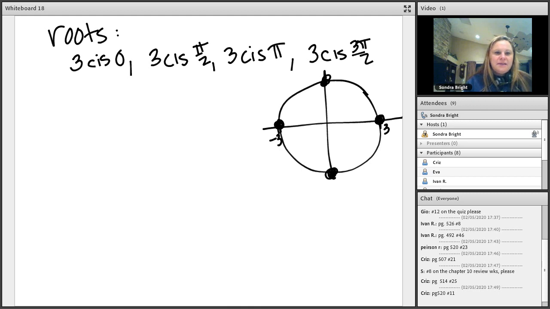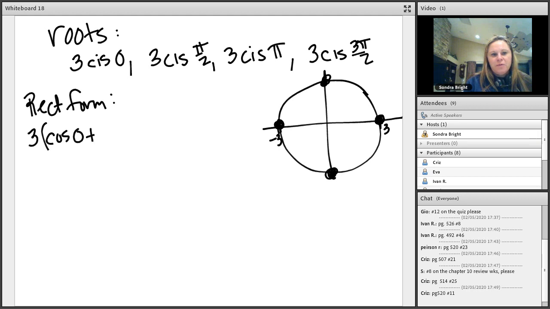But then they wanted it in rectangular form. They want your final answers in rectangular form. And so 3 cis 0, remember, this is truly 3 times cosine of 0 plus i times sine of 0. That's what cis stands for. And so that's 3 times 1 plus 0i, which means it's just 3.